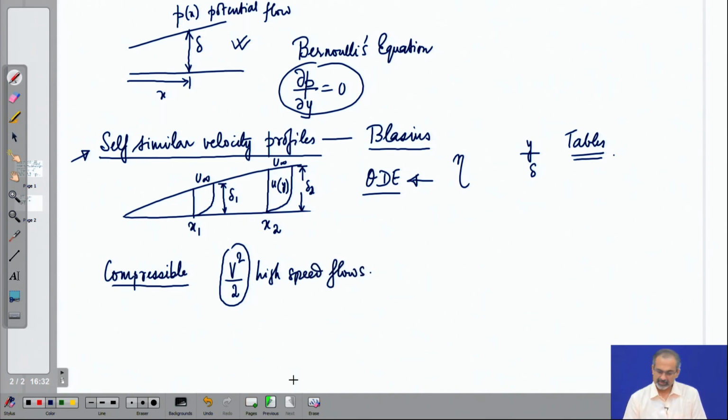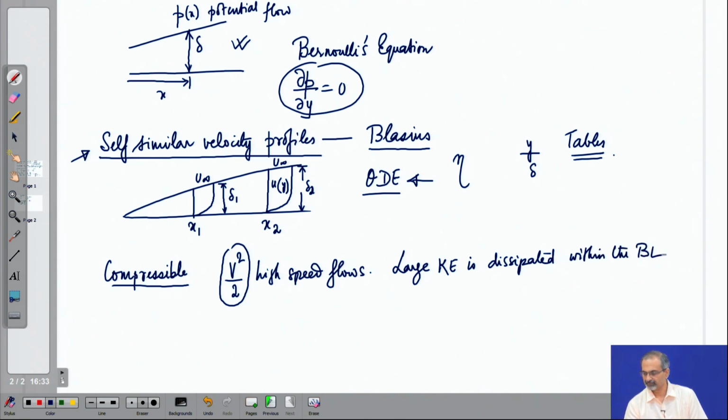And as a consequence, a large kinetic energy is dissipated within the boundary layer by the time the velocity reaches zero at the wall.